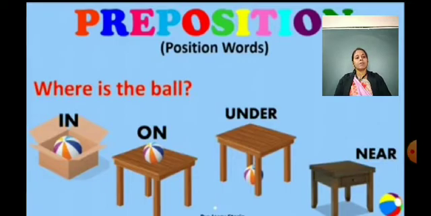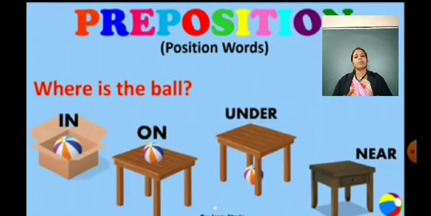Dear children, in the first picture, the ball is inside the box. And in means में. So, the ball is inside the box means box के अंदर है ना? Box में ball रखा है.